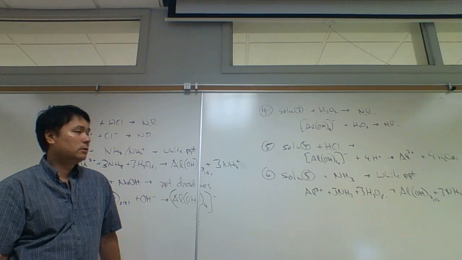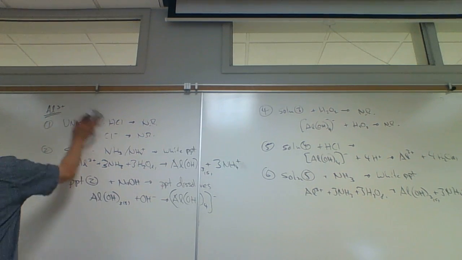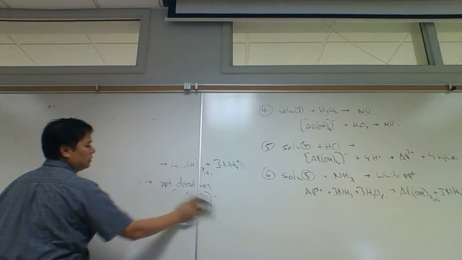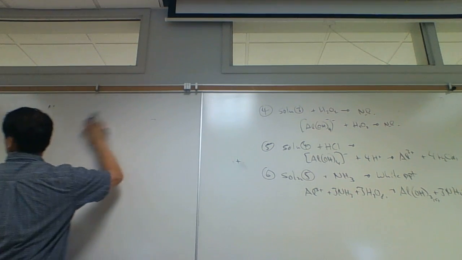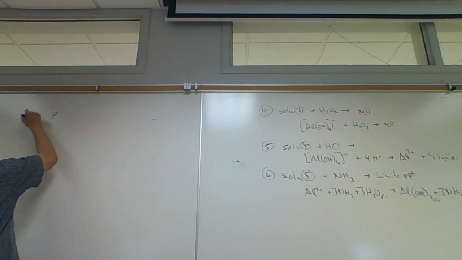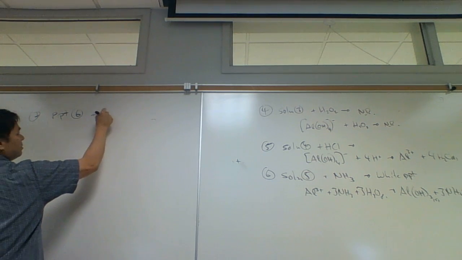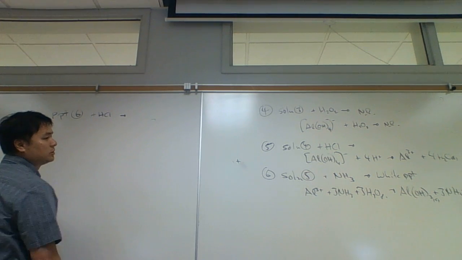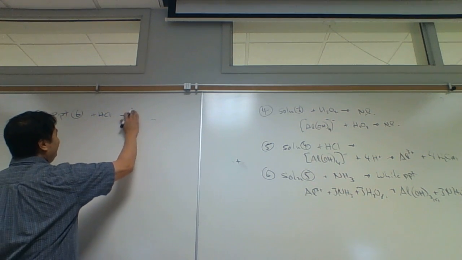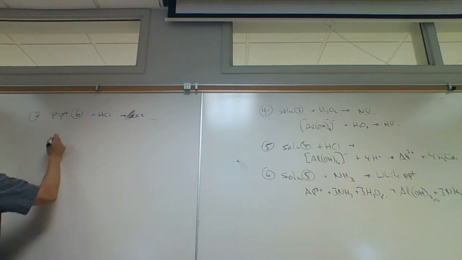We redissolve it with hydrochloric acid. So we'll take the precipitate from 6 plus hydrochloric acid, and this should redissolve it, precipitate dissolved.